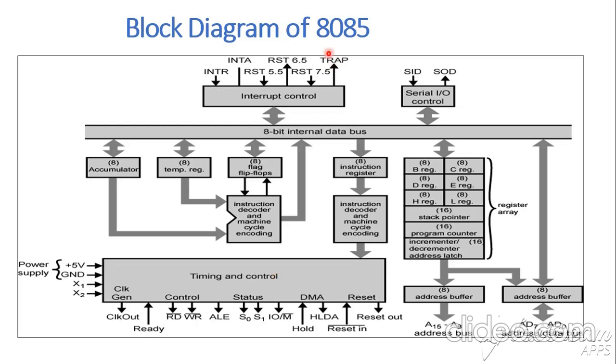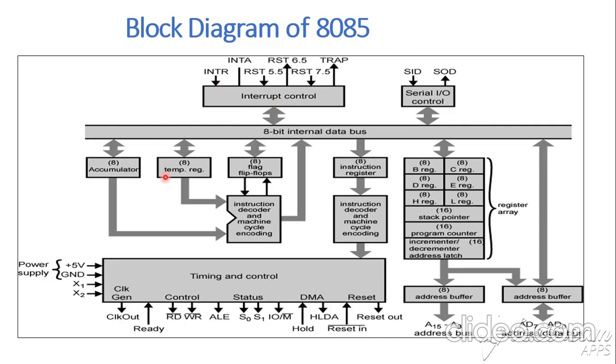And then the other unit called interrupt control, which is capable of stopping the execution of the main program temporarily and can execute the branch options. RST 5.5, RST 6.5, RST 7.5 and TRAP are the important pins associated with interrupt control, and interrupt and serial input output control is the other unit.